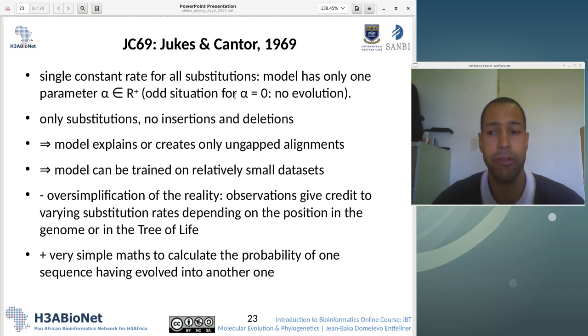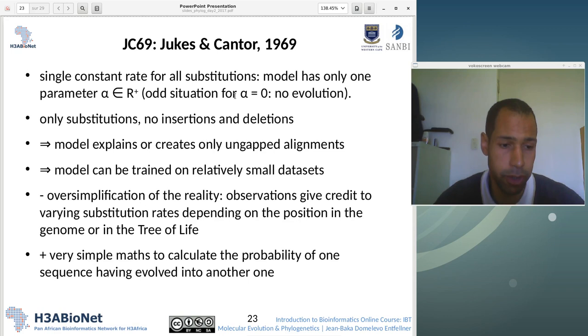I haven't mentioned this, but the complexity of a model is directly proportional, in a way, to its number of parameters. And the more complex your model, the more data you need to train it so that it's an accurate model. Here, because there is only one parameter, it's the model of choice, especially when you have a very scarce amount of data.